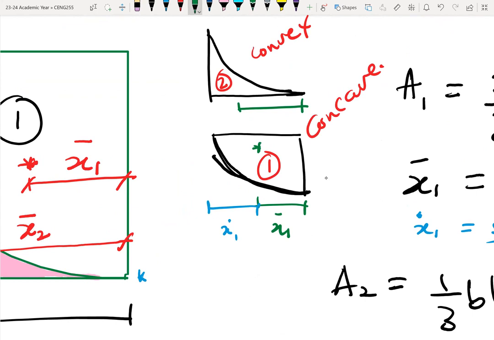Let me just reduce the size. So this is x2 bar. Then we can also have one from the centroid towards the left-hand side, maybe I can call it x.